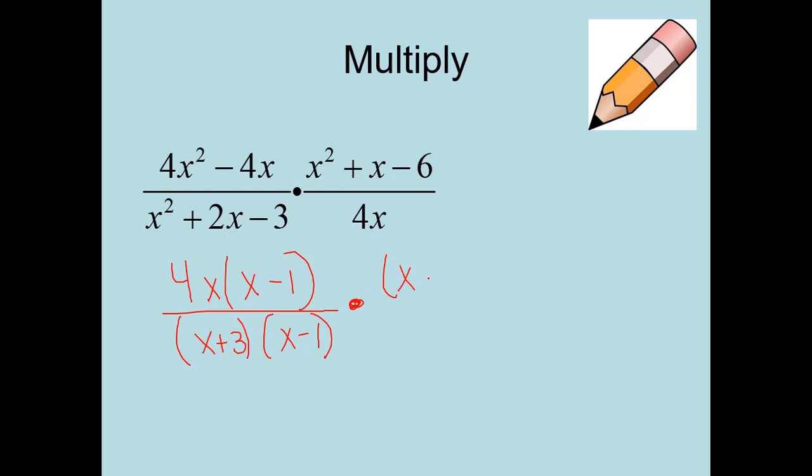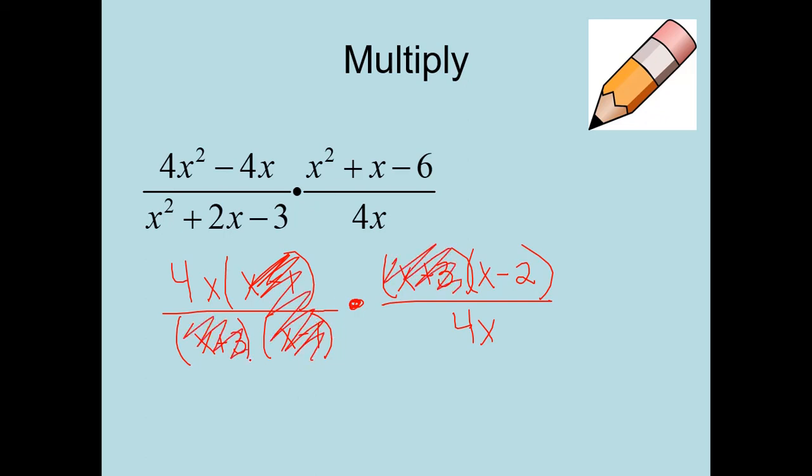I think that's x and x, plus 3 and a negative 2, and this is just 4x. So now remember, I can cancel diagonally and up and down. So x minus 1s cancel out each other. I can cancel out the x plus 3s, and I can cancel out the 4xs. My goodness, everything canceled out. So top is just x minus 2, bottom is absolutely nothing. So I'm just going to leave that as an x minus 2.